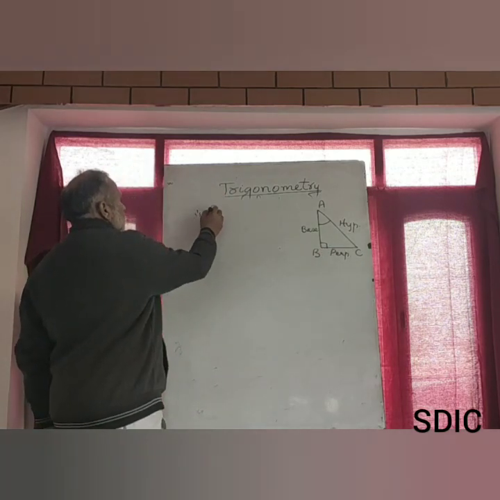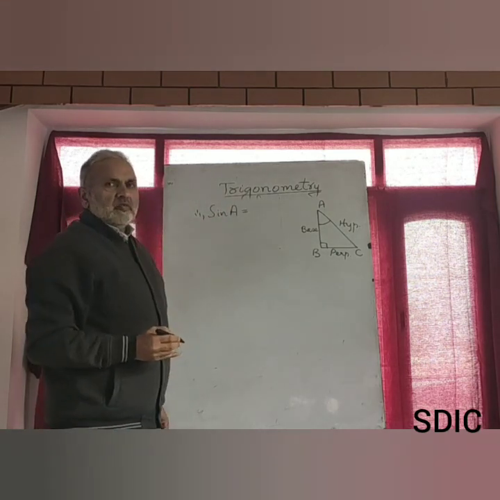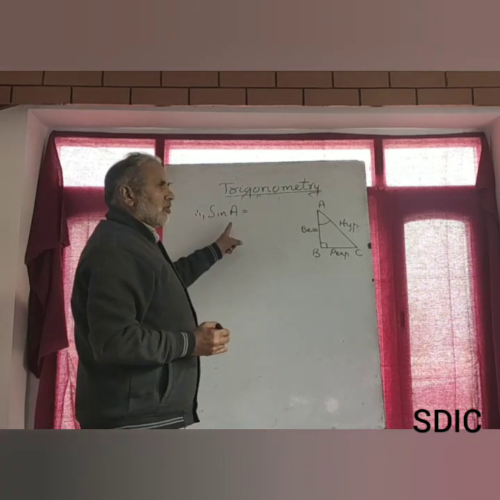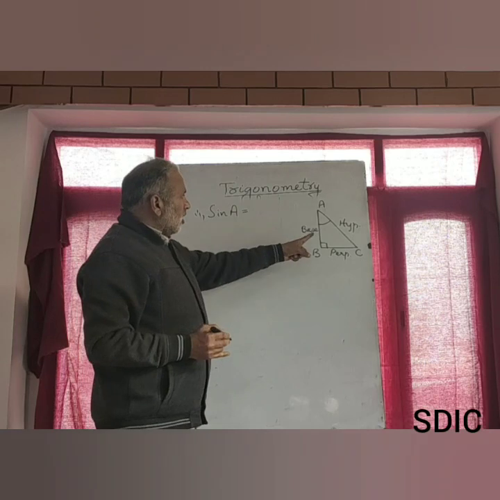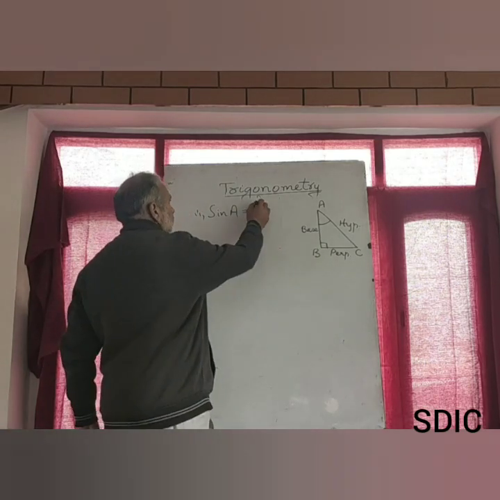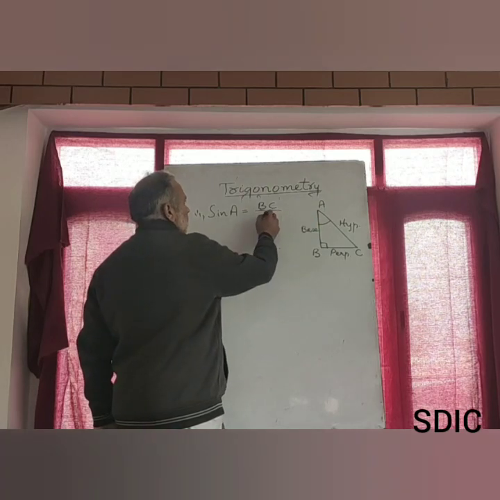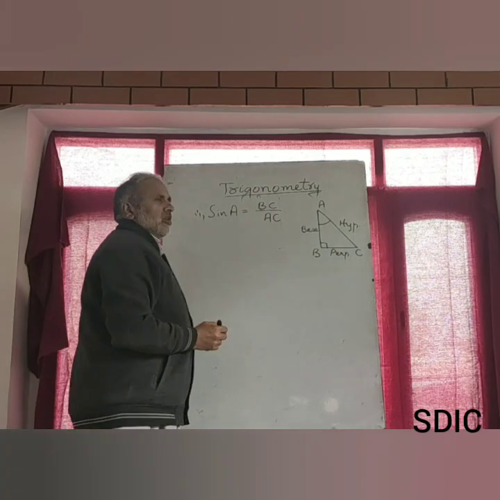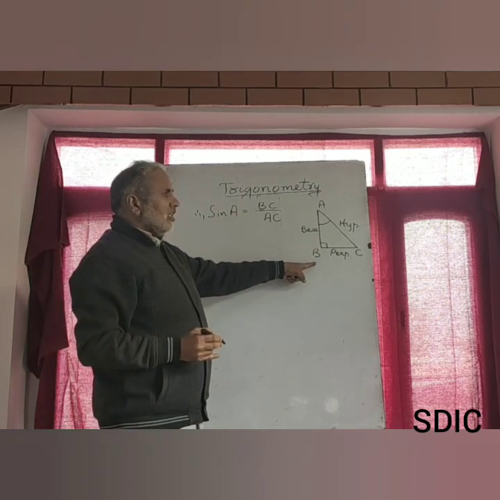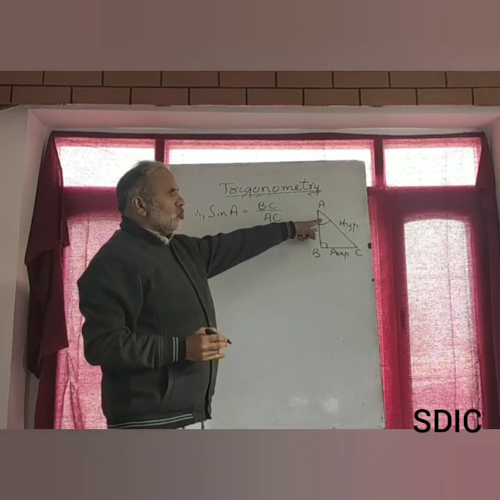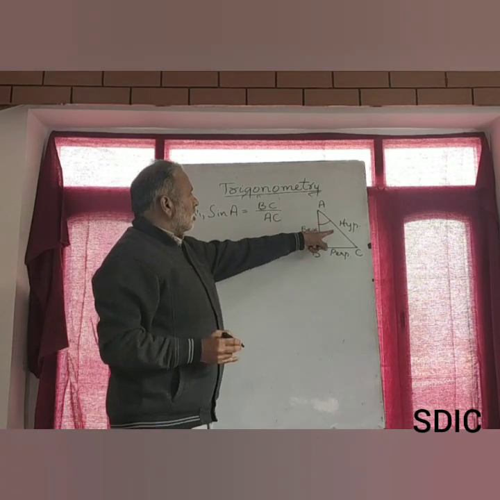Therefore, sine of acute angle A will be, definition says it is perpendicular by hypotenuse. The perpendicular here is BC divided by hypotenuse AC. Thus, in this right triangle ABC, right angle at B, with A as acute angle, sine A is BC by AC.